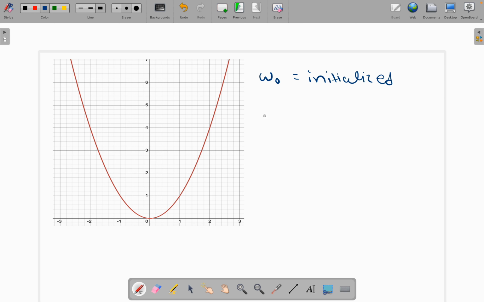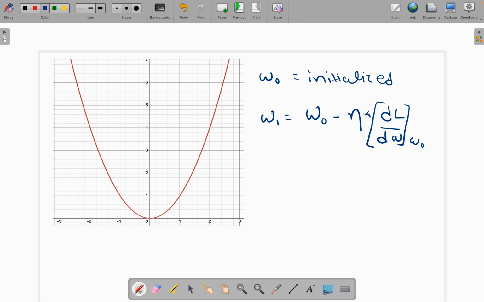Now what will be our new w? Let's say w1 is equal to w0 minus eta times dl by dw at w0. We will put the value w0 there.